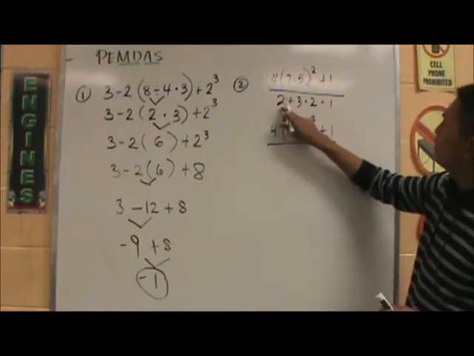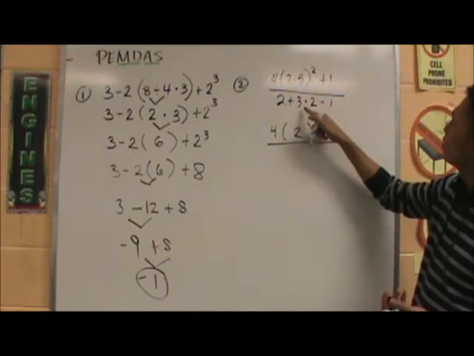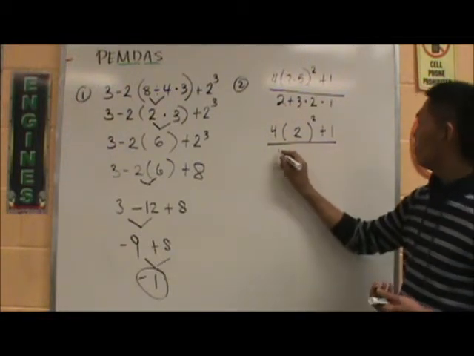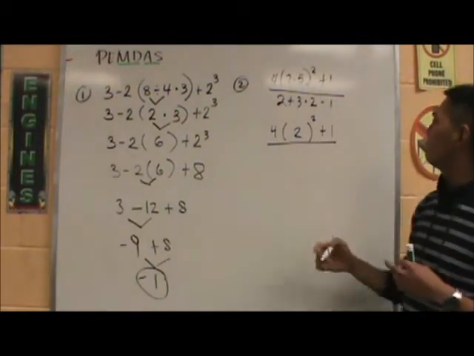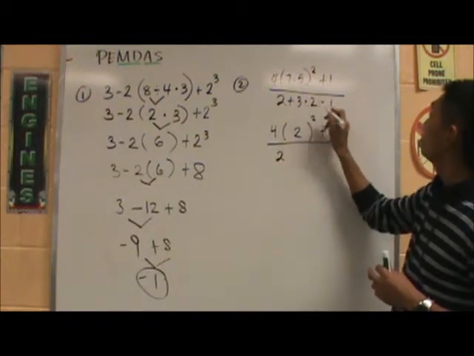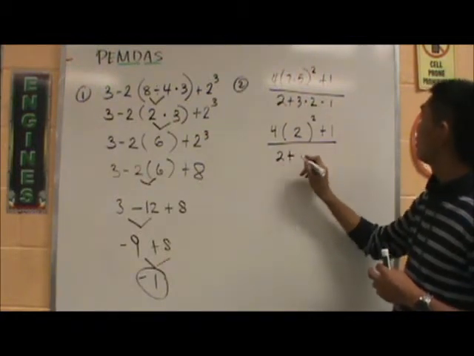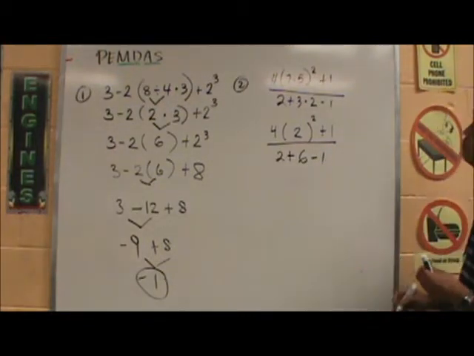So instead of adding 2 and 3 first, you have to multiply 3 and 2 first, because the order is saying that we have to multiply or divide before we add. So I'm going to copy the 2, and now 3 times 2 is 6 minus 1.